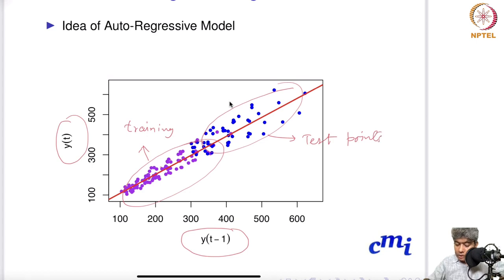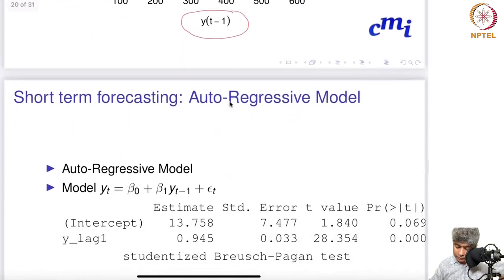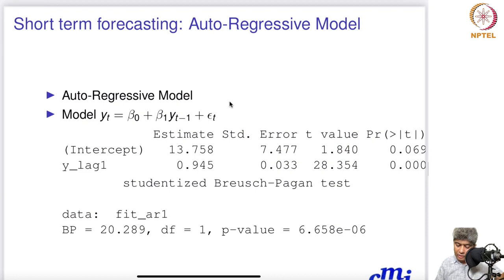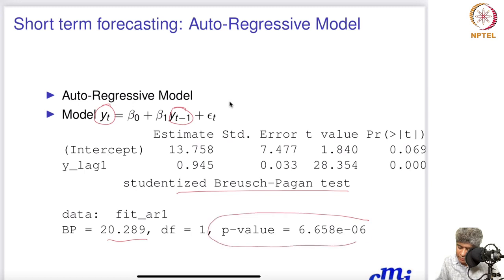If you fit the autoregressive model of yt as a function of yt minus 1, and do a Breusch-Pagan test on the residual, the p-value is very small. I am not surprised.